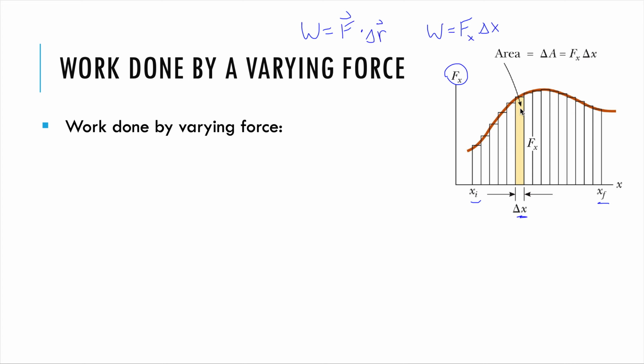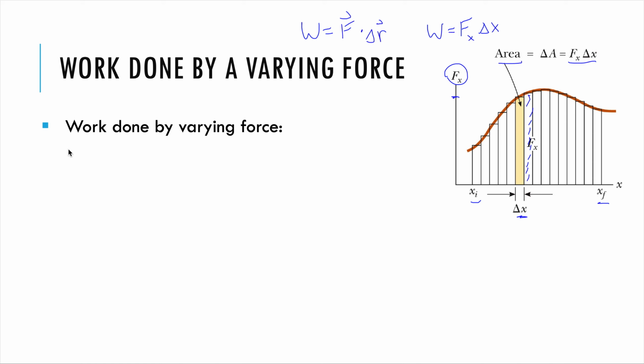If we look at one of these strips and we look at the area of one of these strips, the area is length times width, and the length is our Fx, and the width is our delta x. So the area of one of these strips is work. So if we want to find the work done by the force as the object moves from xi to xf, then we want to add up all of these little strips.